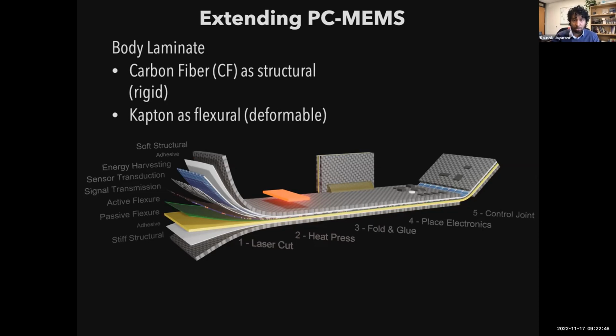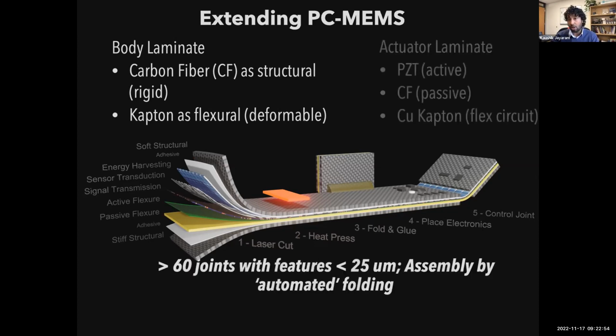So as I was mentioning, body laminates are typically made with just 2 elements: your rigid carbon fiber and your flexible Kapton. We also make actuators to power these robots the same way, but we replace one of the carbon fiber outer layers with a PZT layer, which is an active element.